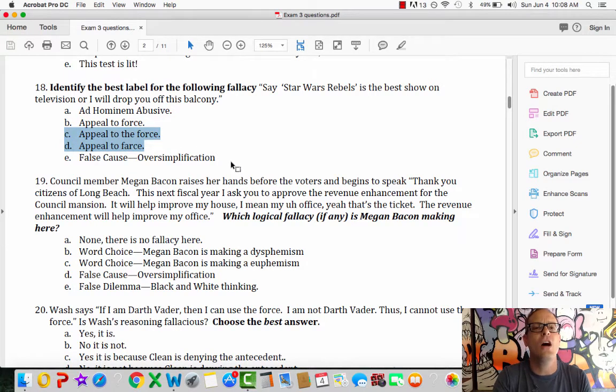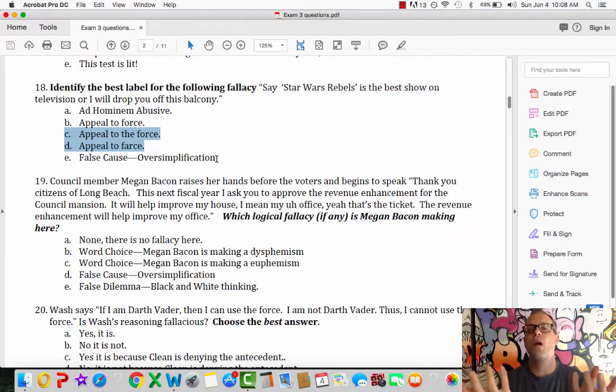And then false cause oversimplification. Well, that's not right. False cause oversimplification is when you take a problem or some type of issue, and you confuse its cause. You oversimplify its cause, right? So someone might say, the United States Treasury has very little money because our tax rate isn't high enough.